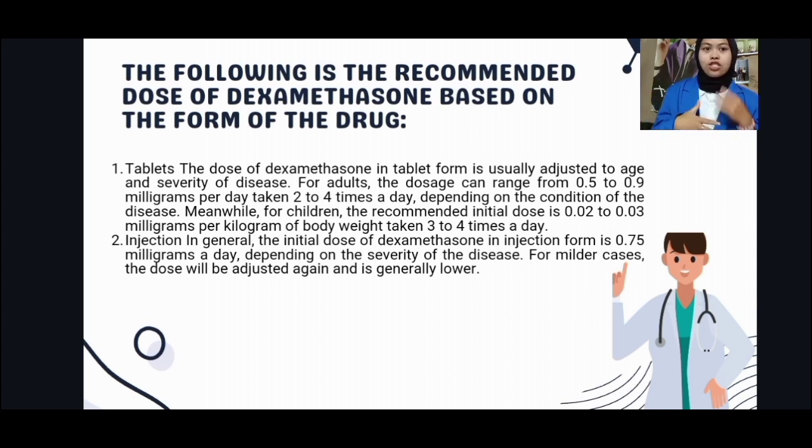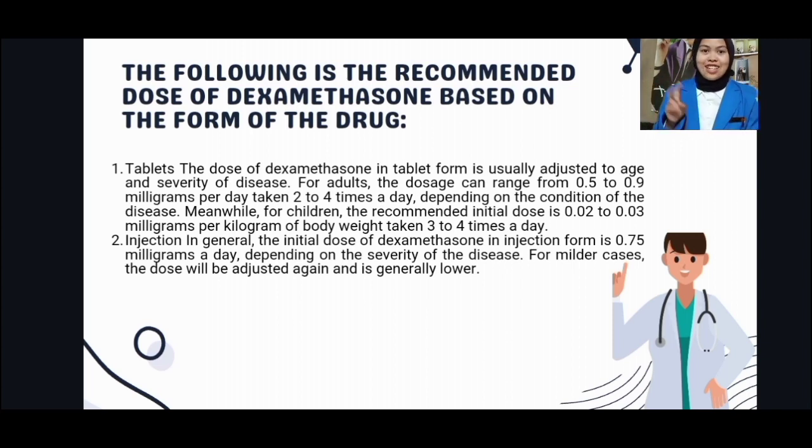For adults, the dosage can range from 0.5 to 0.9 milligrams per day, taken 2 to 4 times a day, depending on the condition of the disease. Meanwhile, for children, the recommended initial dose is 0.2 to 0.3 milligrams per kilogram of body weight, taken 3 to 4 times a day.